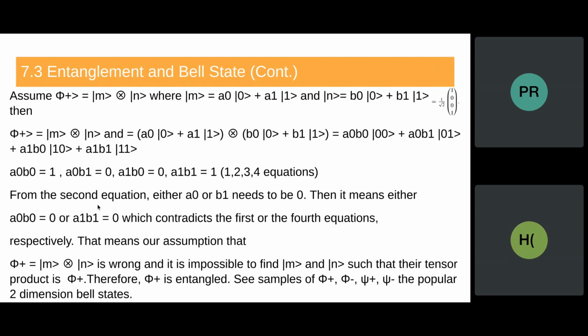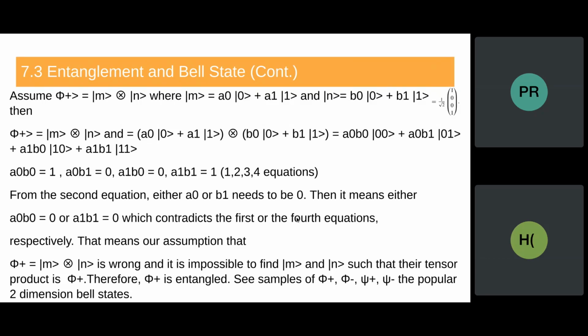If that is the case, let's take the second equation, A0 B1 equal to 0. So either A0 or B1, one of them is 0. If one of them is 0, then either A0 B0 equals 0, because A0 is 0, and that is not true. Similarly, the fourth equation is A1 B1 equal to 1, whereas the second equation A0 B1 equal to 0. So if B1 is 0, then this cannot be 1.